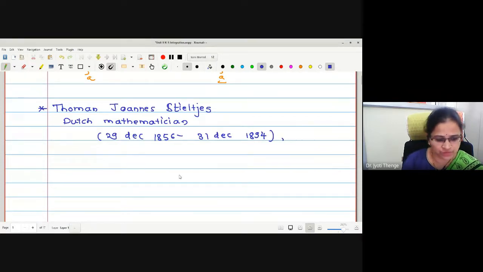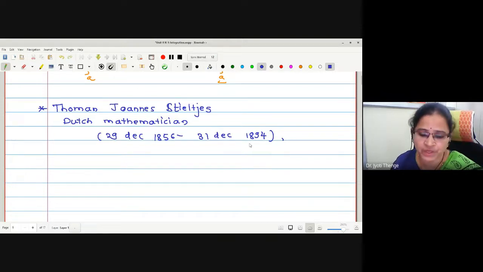He was very famous for the moment problems and continued fractions, and his PhD guide, or doctoral advisor, was Darboux. Darboux is the mathematician who helped Riemann while deriving the Riemann integration, and Thomas Stieltjes worked under his guidance for his PhD degree.